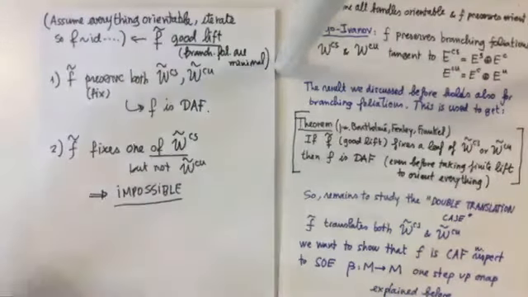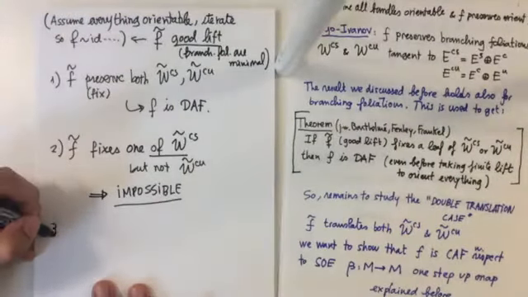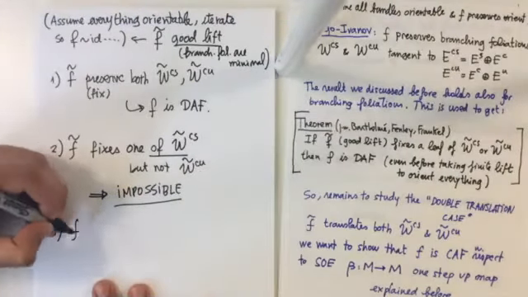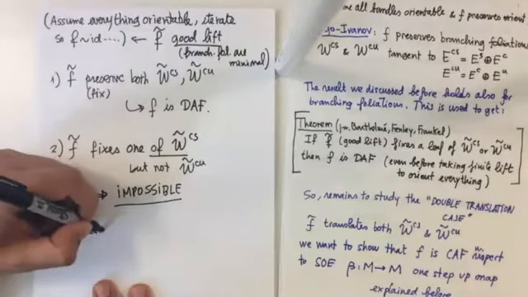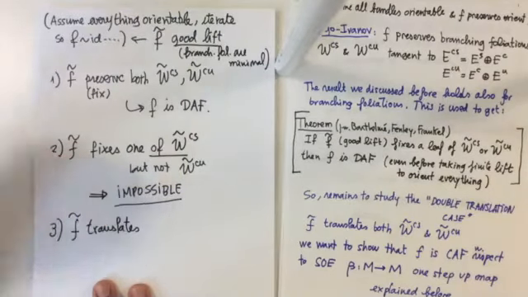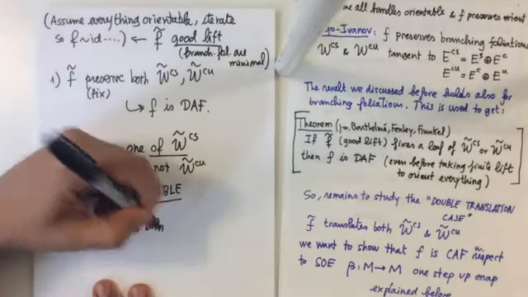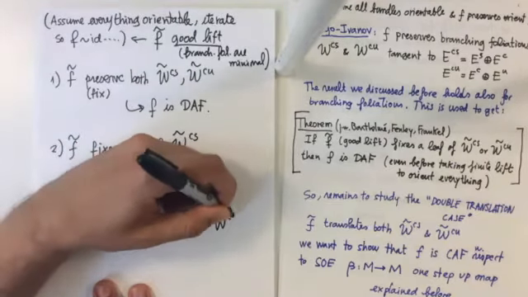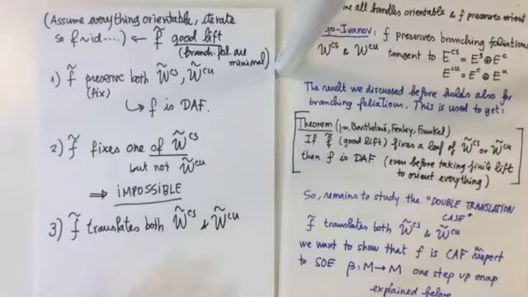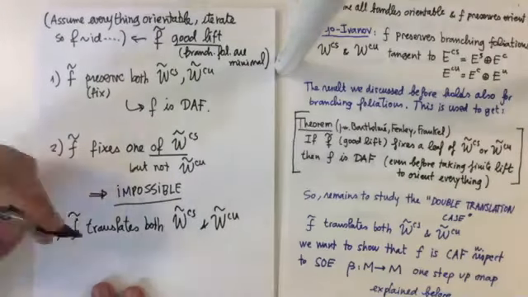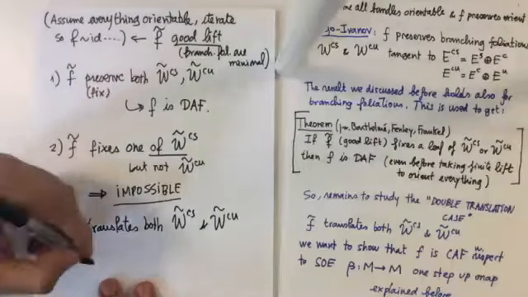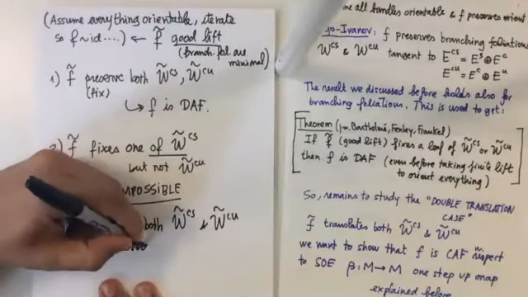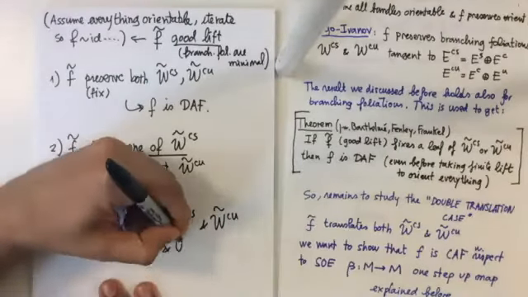And so the point is that we are left with one case that we didn't study in this work, which is where F tilde translates both foliations, and this implies that they are covered and uniform.